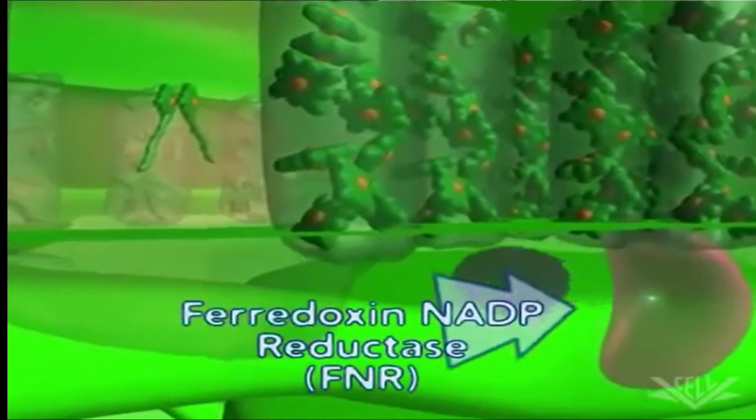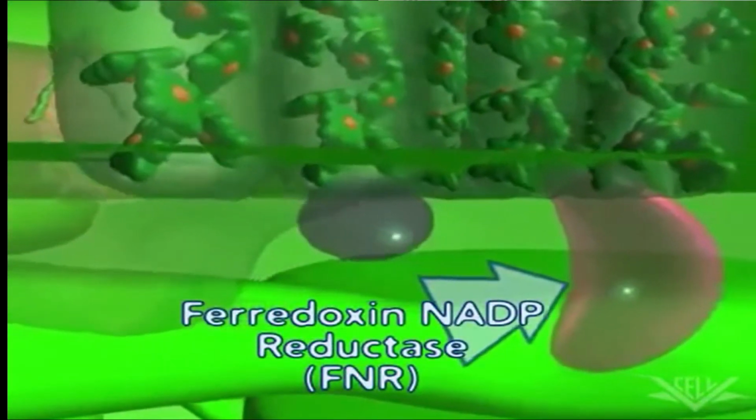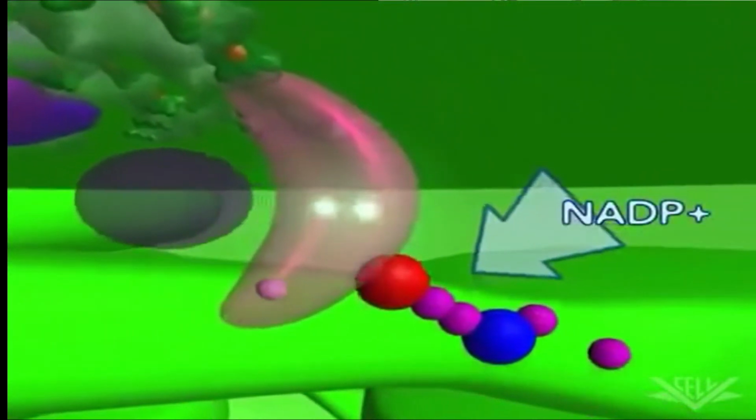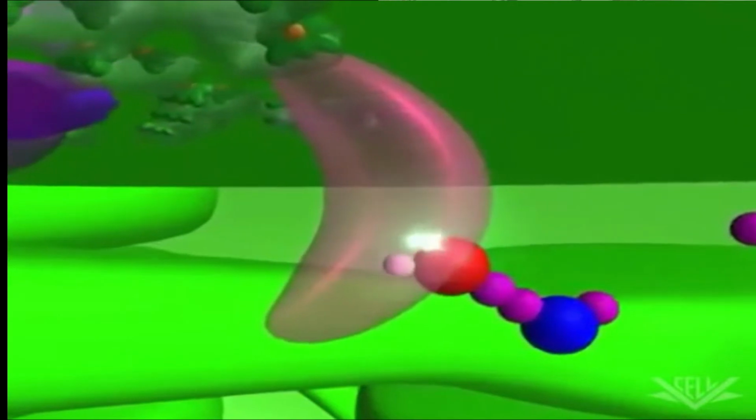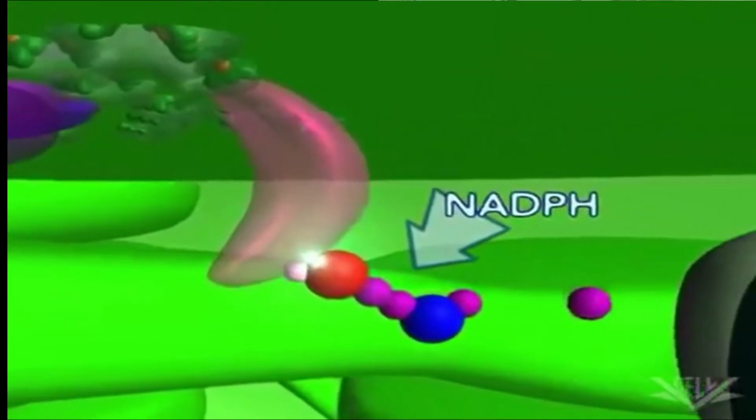From photosystem 1, the electron is ejected to the ferredoxin on the outer surface of the grana. From there, it is transferred to NADP reductase, where NADP is converted into NADPH2. Due to this accumulation of H plus ions in the lumen and depletion of hydrogen ions outside, there is a potential difference of protons.